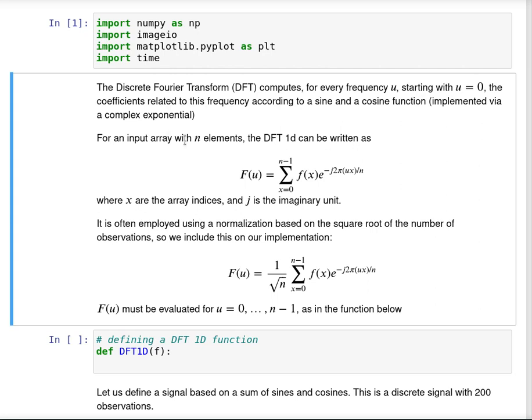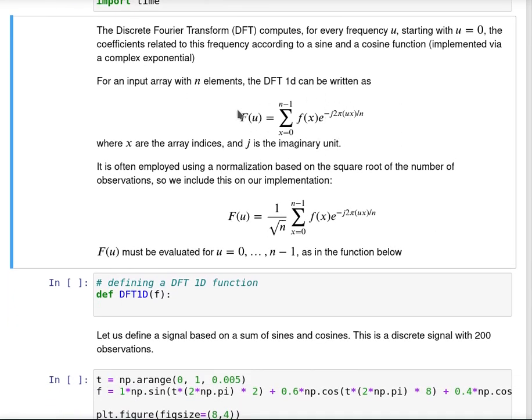For an input array with n elements, the DFT 1D can be written as in this equation here. It is a little bit changed in terms of what we have seen, because I'm using x instead of t and u instead of omega.